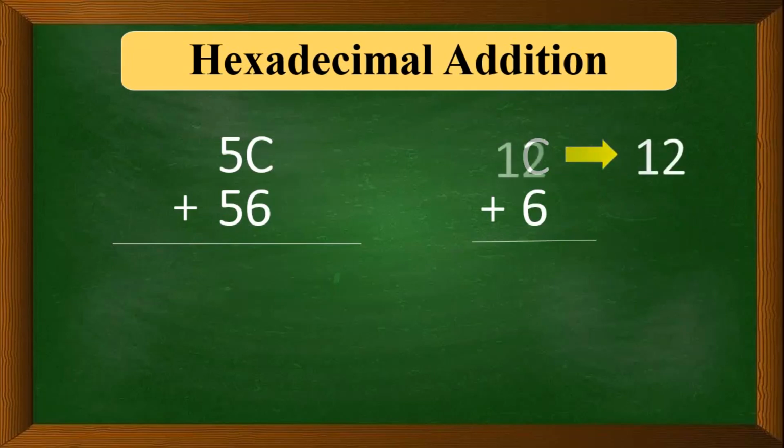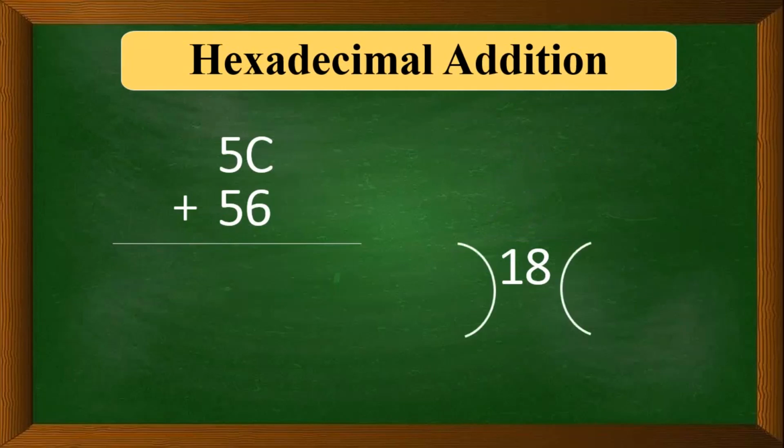So 12 plus 6 is equal to 18. That number will be divided by base 16 because hexadecimal number has base 16. After division, remainder 2 will be placed on the result and quotient 1 will be the carry for the next stage.